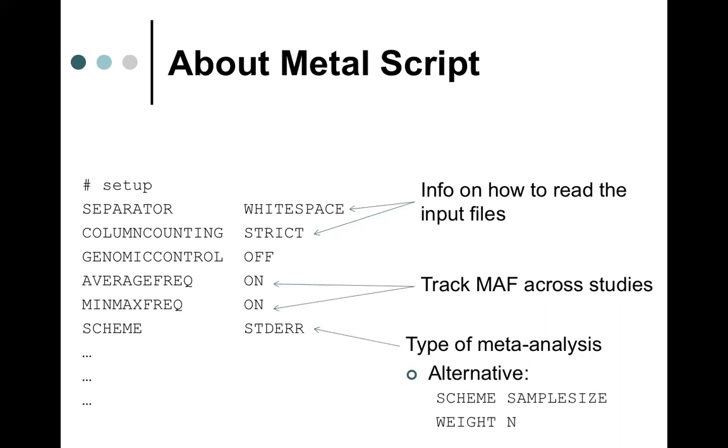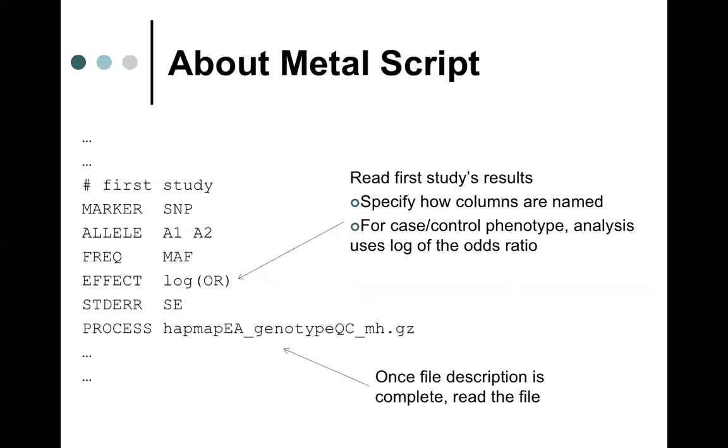So with the initial setup, you then do a series of blocks describing the format of each of your files, where the key is to identify what the column headers are for the fields that are needed for the meta-analysis.